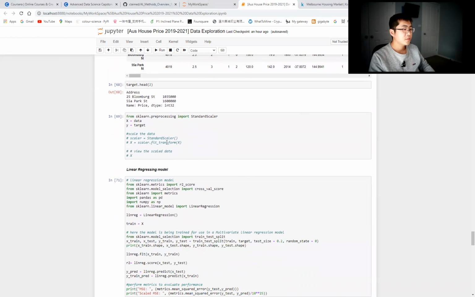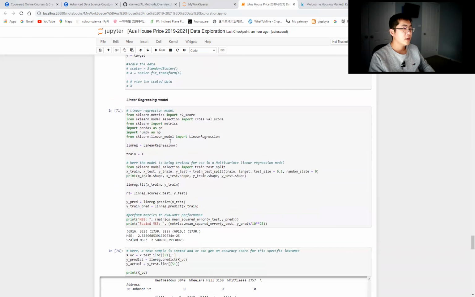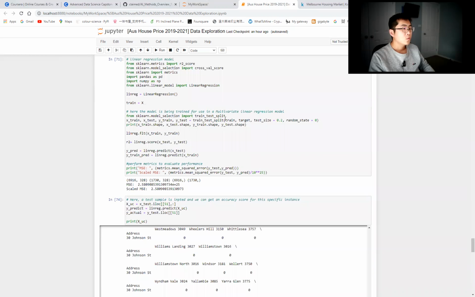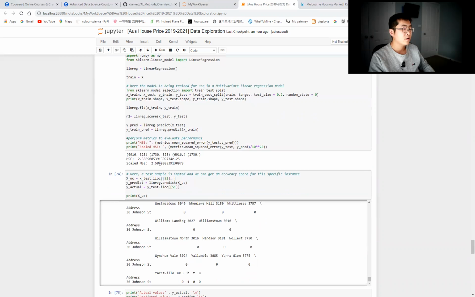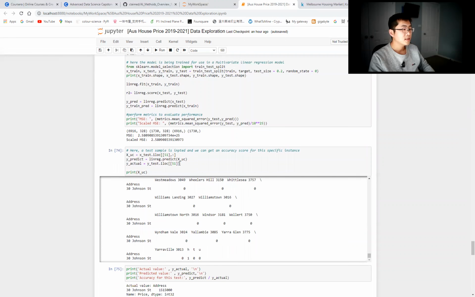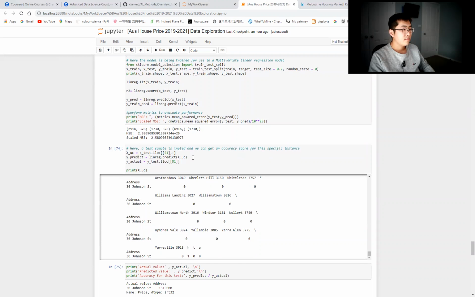And we do the linear regression model. We have done train split about 80% to 20%. Fit the model, and we get the scaled mean squared error about 2.48.